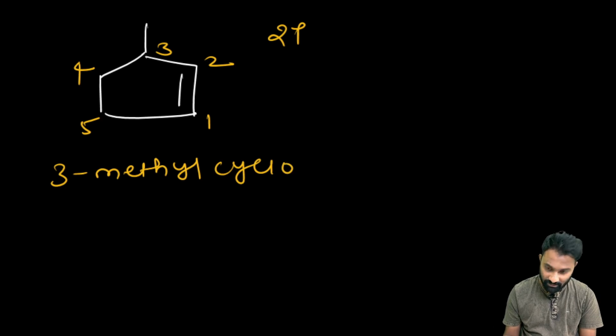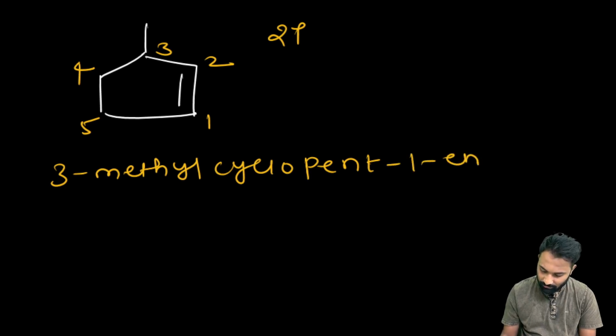How many carbons are we having? 5 carbons. Cyclo, pent, and at which position is the double bond present? Position 1, right? So pent-1-ene. 3-methylcyclopent-1-ene, or else you can write it as 3-methylcyclopentene. Done.